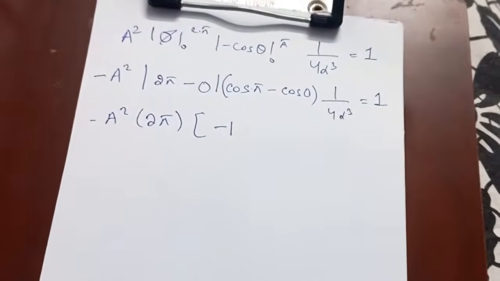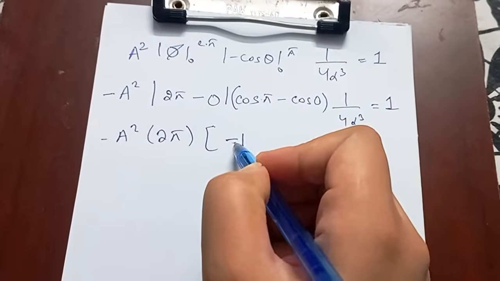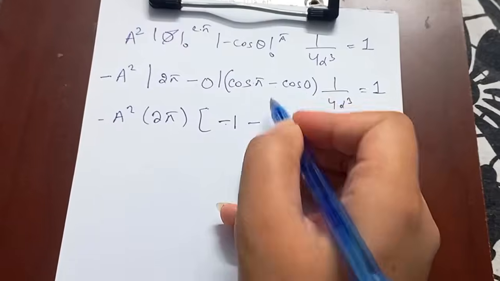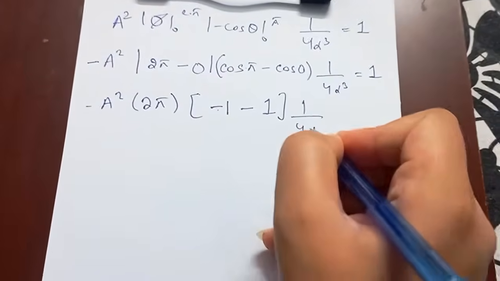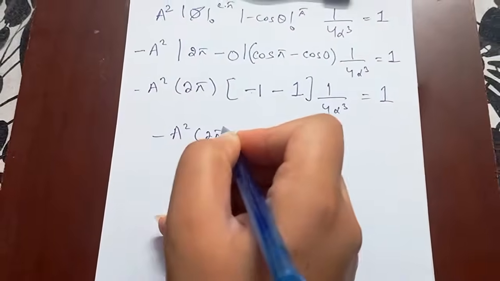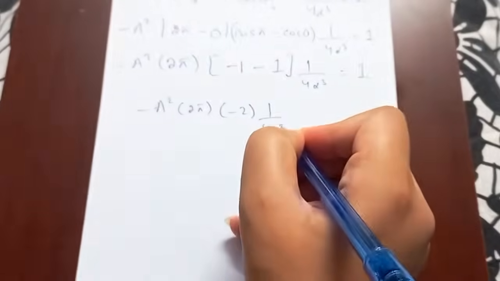Pi means 180 degree, so cos of 180 degree is minus 1. So in place of cos pi we will write minus 1, minus cos 0 is 1.